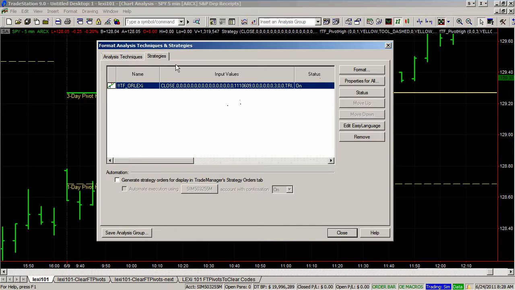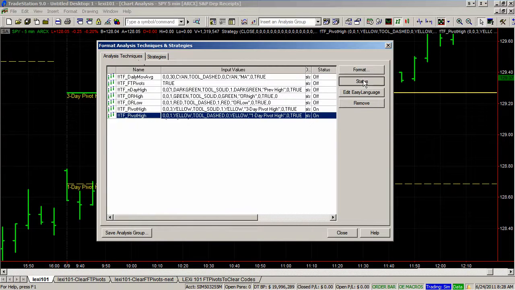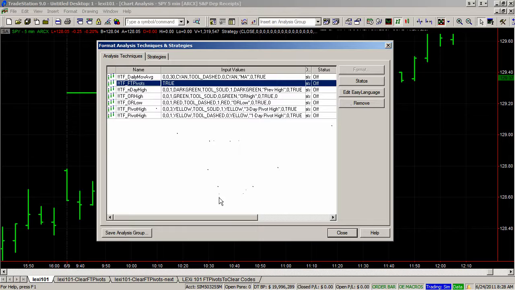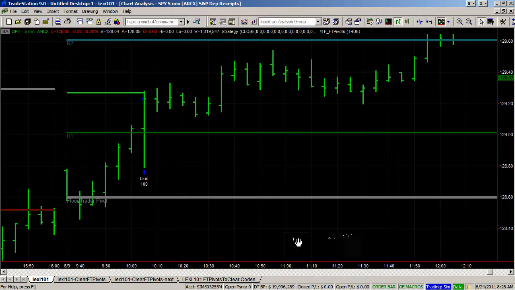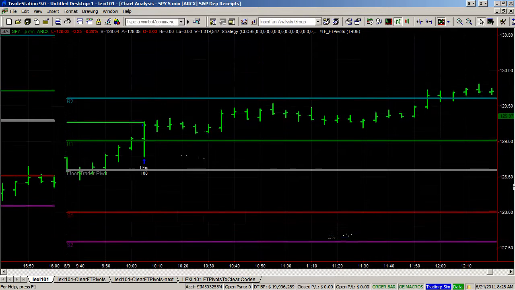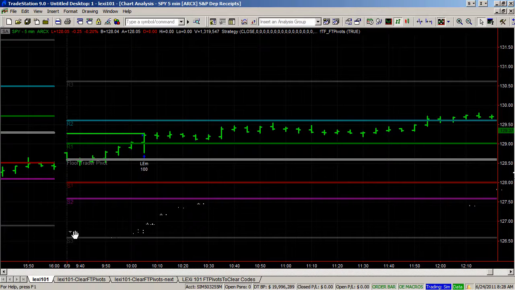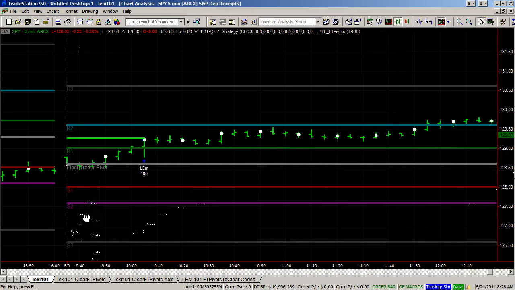So in addition to the 1-day and 3-day pivots, we also have floor trader pivots. Floor trader pivots are a bunch of reference points, support for S and resistance for R, and the center point, which is the floor trader's pivot, in the middle.